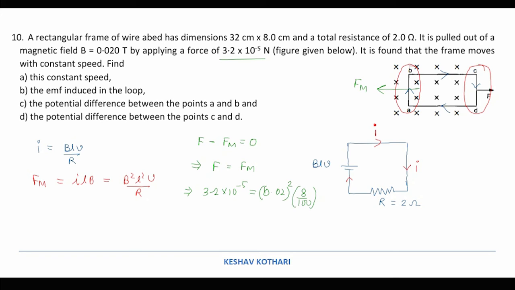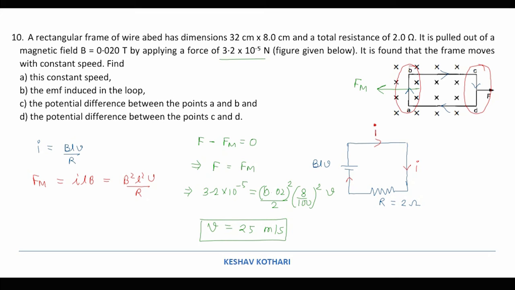So B square L square V, V is not known, upon the resistance which is offered, which is 2 ohm. From here we calculate the velocity. V is coming out as 25 meter per second. So the constant velocity with which the frame is moving is 25 meter per second.